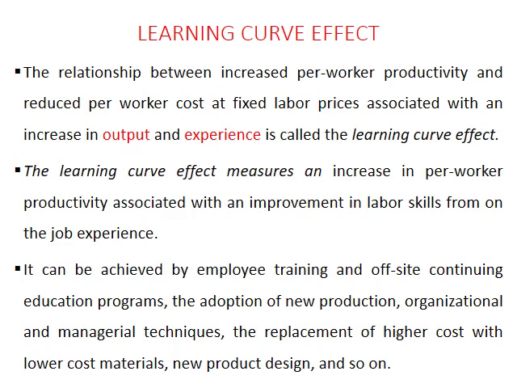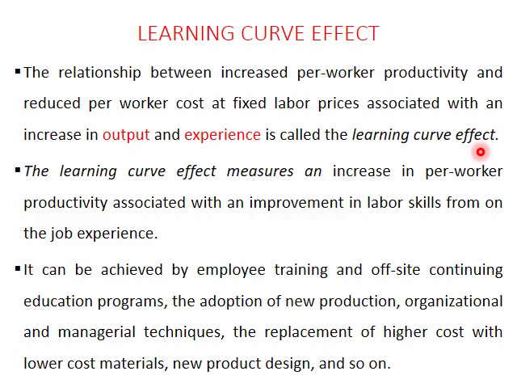And the other portion is the learning curve. By the way, this one is an important portion. The relationship between increased per worker productivity and reduced per worker costs at a fixed labor price, associated with an increase in output and experience, is called the learning curve effect.